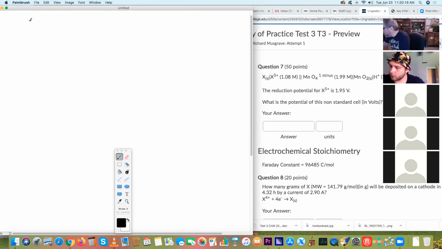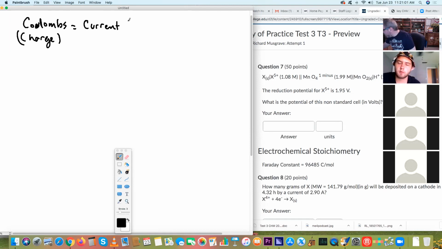The amount of charge in coulombs is current times time, which is amps, or coulombs per second, times time in seconds.